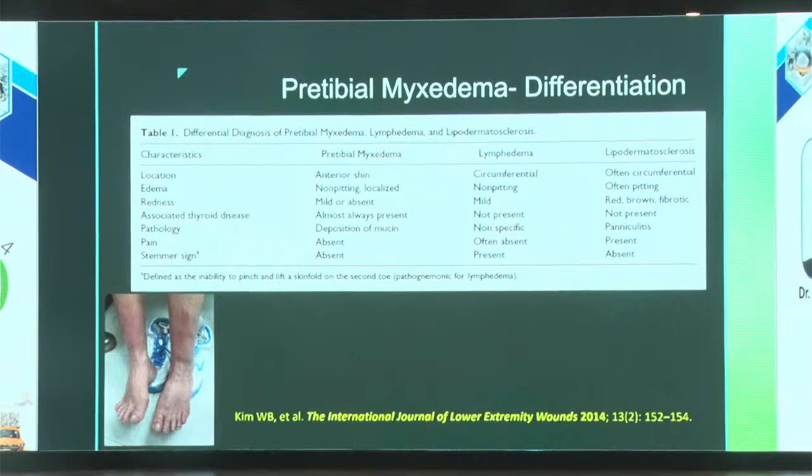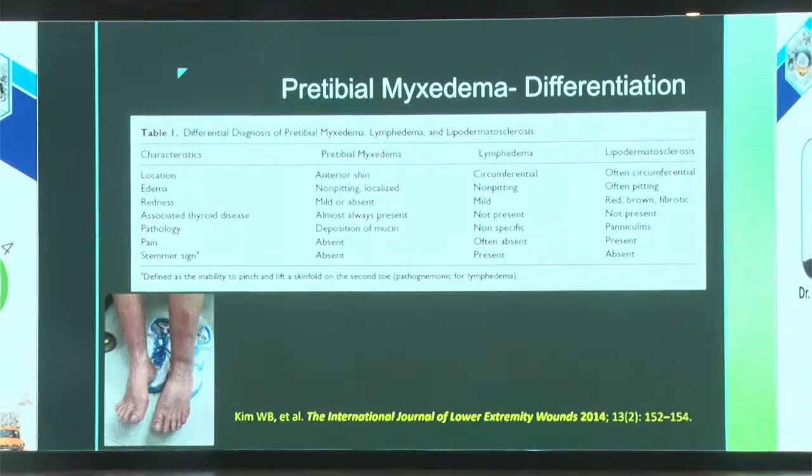Associated thyroid disease is probably the most important clinching factor, which gives away the diagnosis. In most situations, we will find associated thyroid dysfunction. Pathologically speaking, there is deposition of mucin, and in other situations it is not because of glycosaminoglycans or mucin or collagen fibers, it is because of something else.